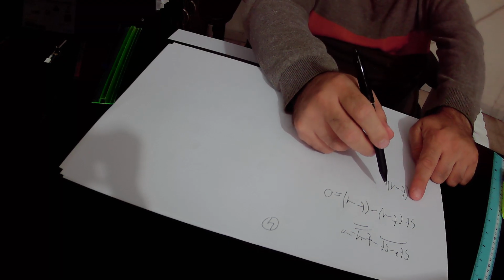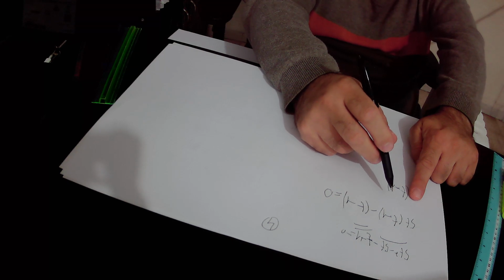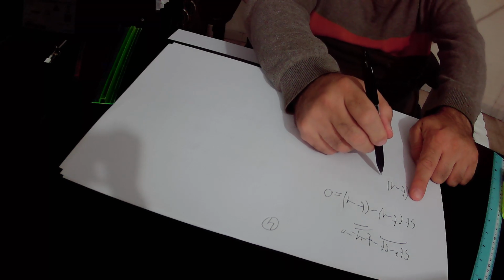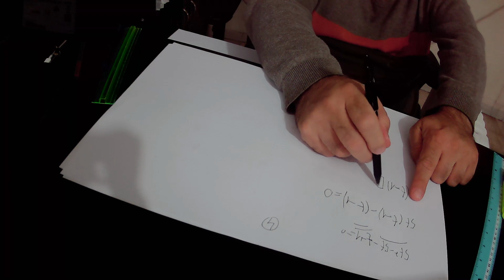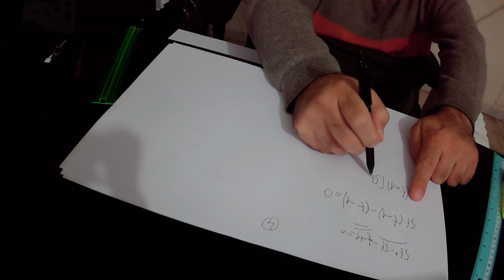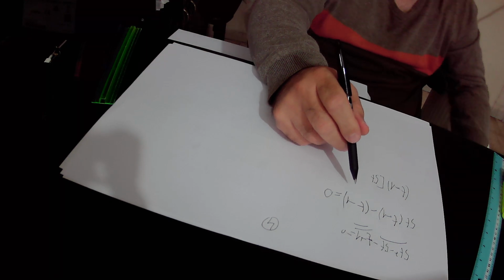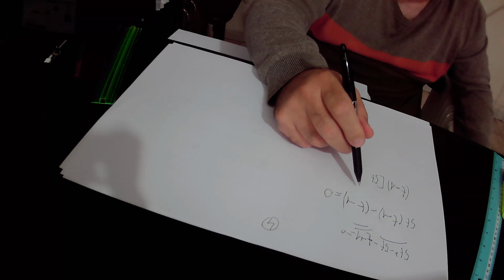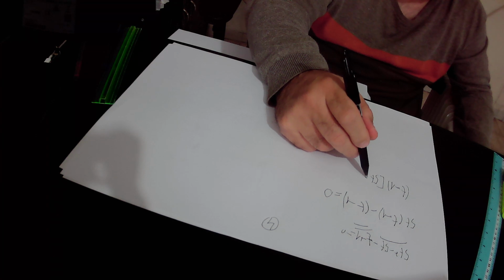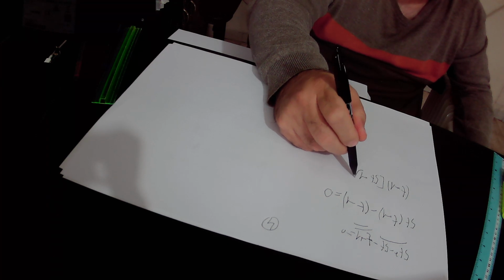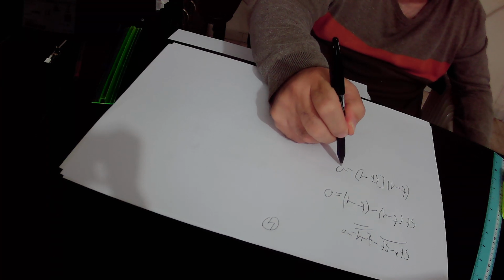The next step, we'll take out t minus 1 as a common factor from those two expressions. What is left from 5t times (t minus 1) after we took from it t minus 1 as a factor is actually 5t, and what is left from minus (t minus 1) after we took from it t minus 1 as a factor is actually minus 1, equals 0.